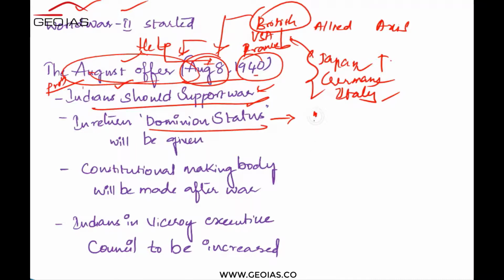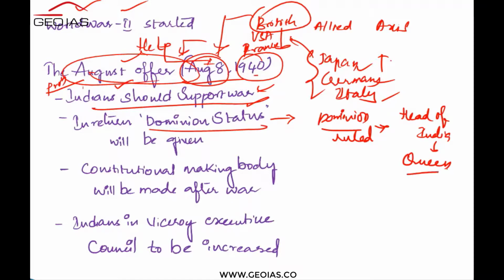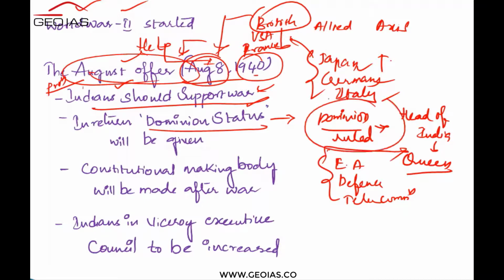Dominion status. India can be ruled by themselves, but the head of India will be the Queen, and 3 affairs like external affairs, defense and telecommunication will be looked after by the Britishers, and the Indians will be given self-rule.